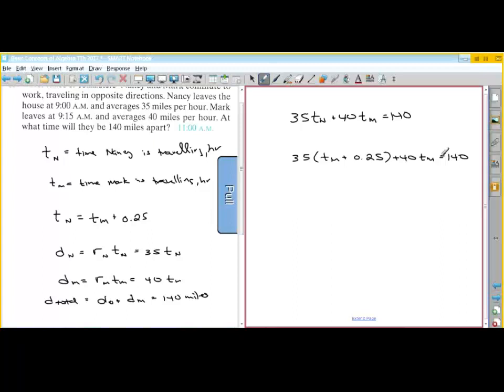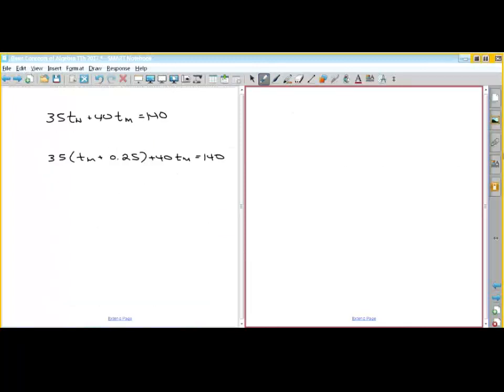You could do that. You'll end up with a fraction, which is okay. Yeah, it's not too bad. You probably wouldn't get rid of the fraction, you'd probably just deal with it. But if you wanted to get rid of it, you multiply everything by 4.